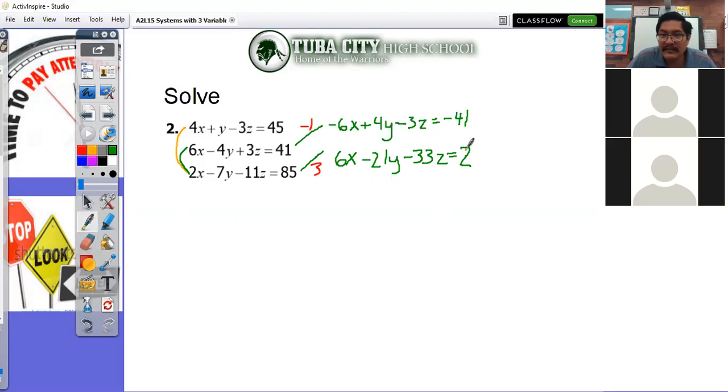Make sure I punched it into the calculator right also. 255. All right, looks good. Now let's see what we get from this. So again, we canceled out the x. So 4 minus 21, or 21 minus 4.